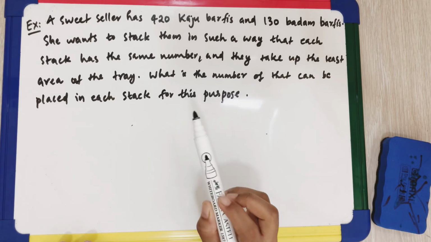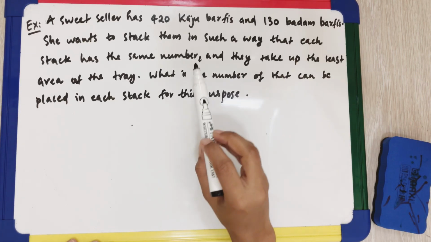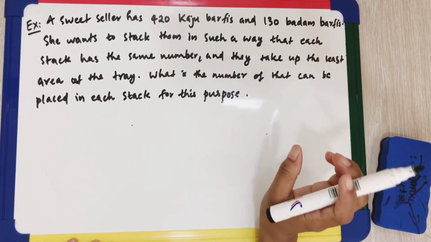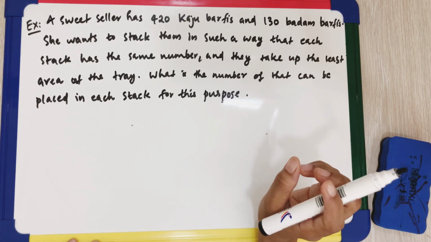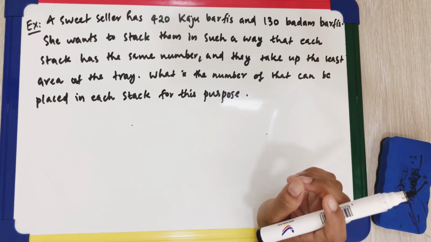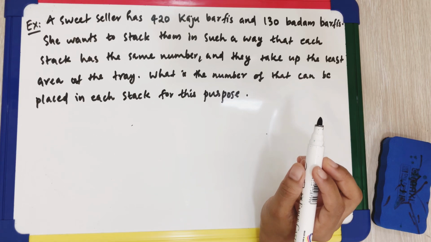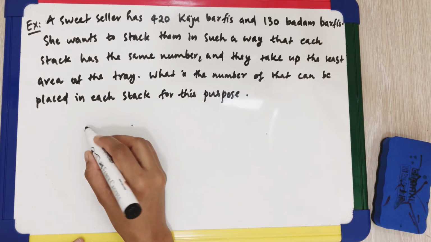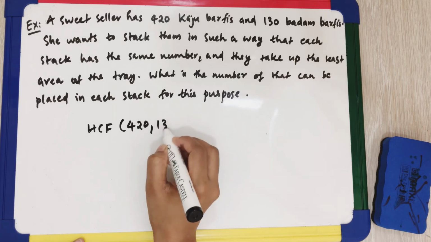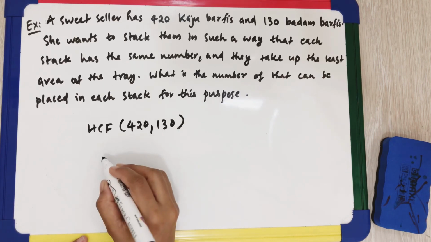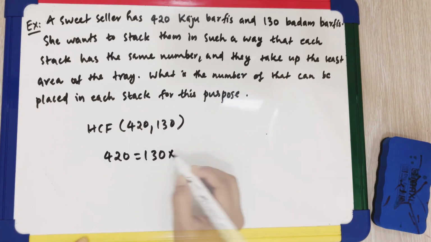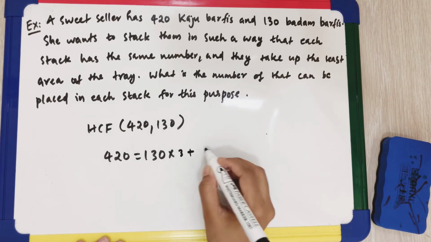To take the same number from each kind of burfis, we have to see what is the common factor, and to consume the least area, or to stack the maximum number, we have to find the highest common factor. We can find the HCF of 420 and 130 by Euclid's lemma. 420 is equal to 130 into 3 plus 30.